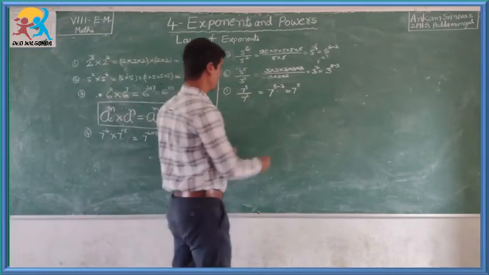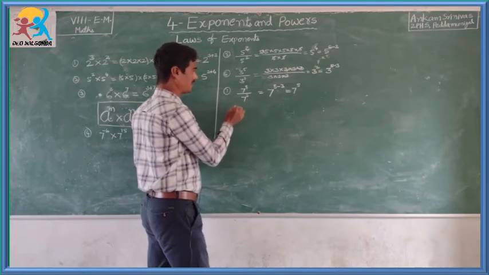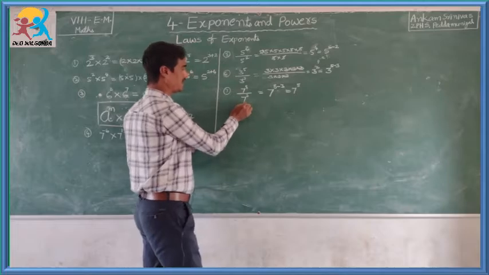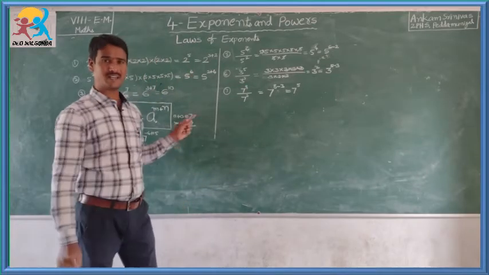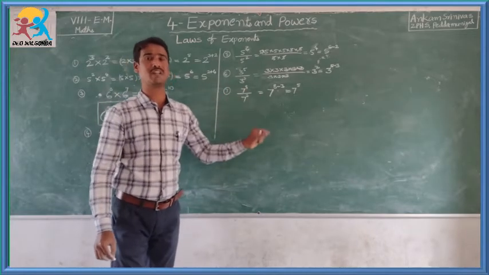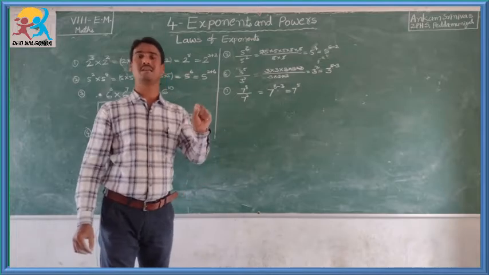So here the two bases are equal, and the operation is division. When two powers are divided with the same bases, the exponents should be subtracted.